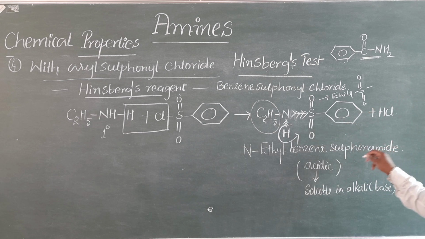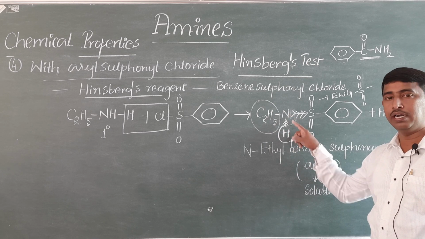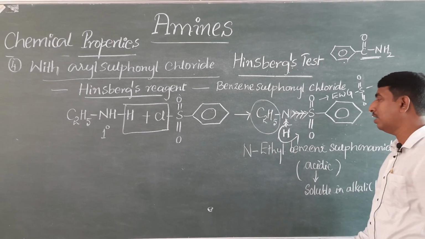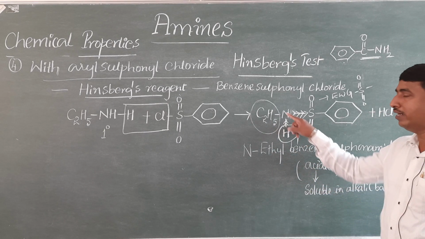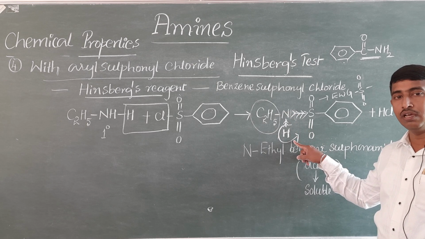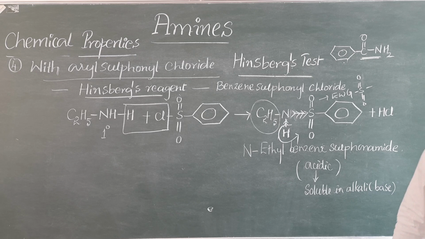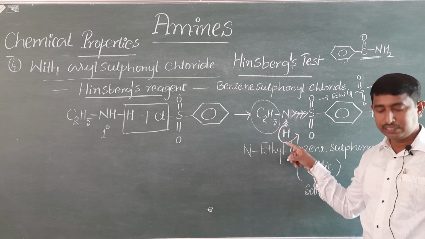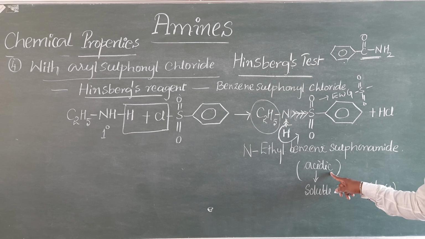I will repeat it once again. N-ethyl benzene sulfonamide contains a hydrogen atom upon nitrogen, and this hydrogen can be removed in the form of H+, because the nitrogen hydrogen bond is weaker due to the electron withdrawing sulfonyl group. So the compound becomes acidic.